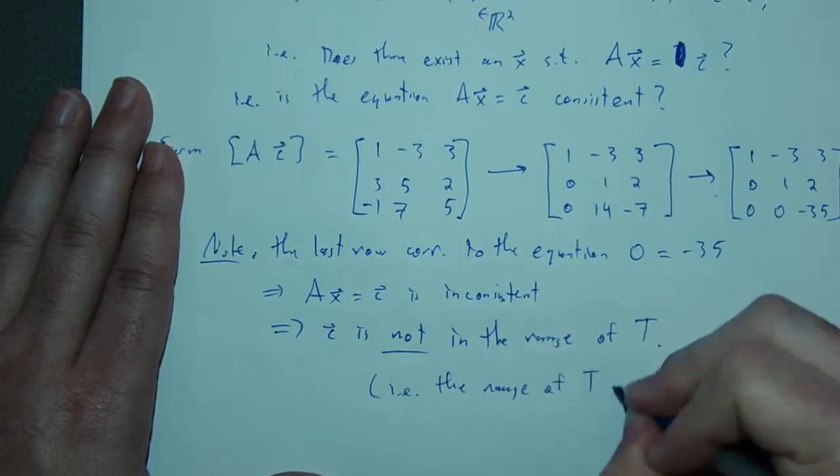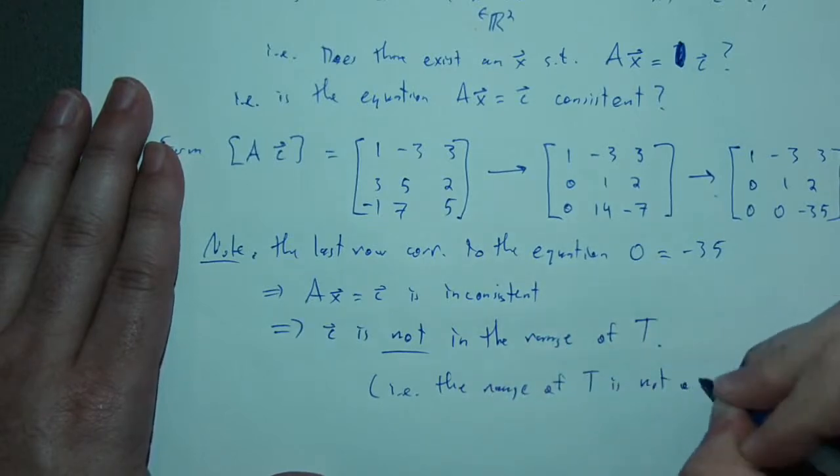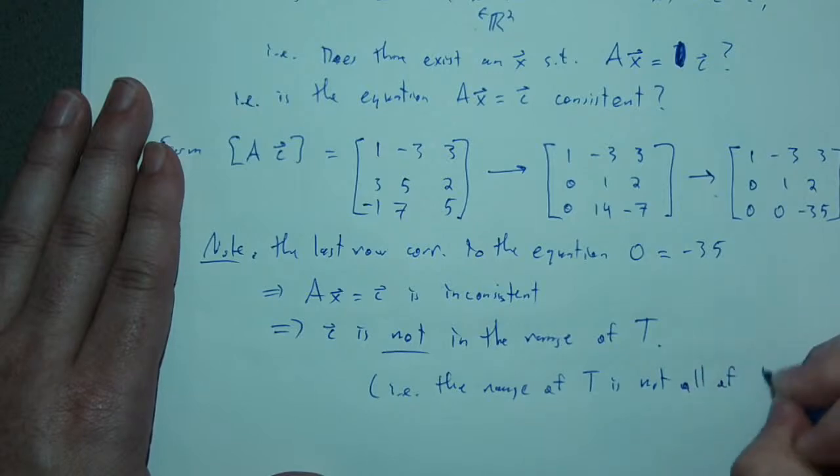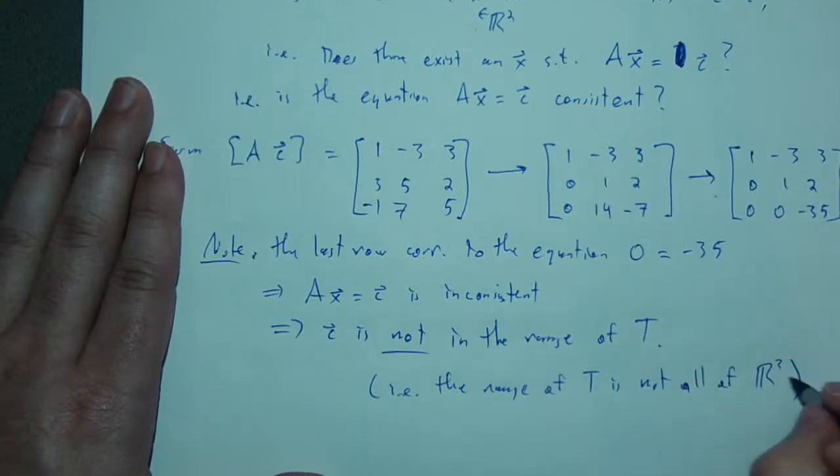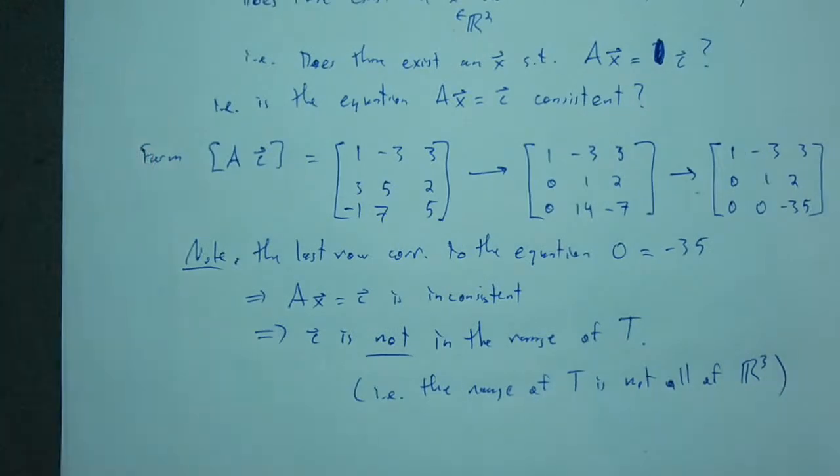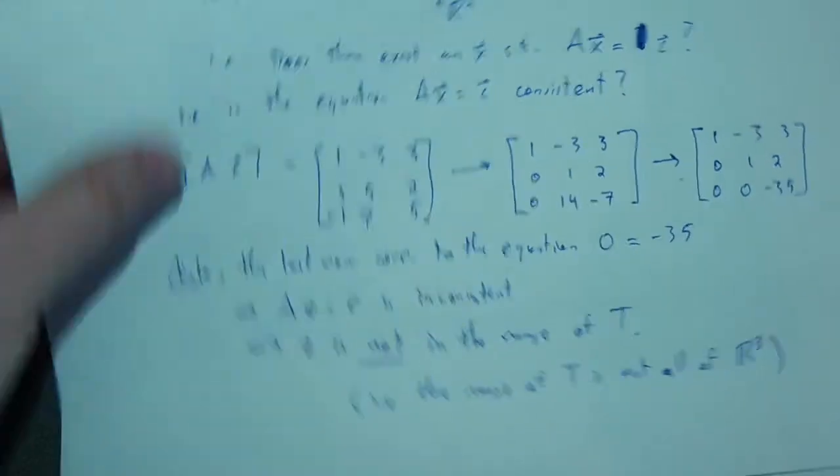So the codomain is R3, but the range of T is not all of R3. Now, just looking at it, maybe you're like, how would I even tell that's the case? So there are ways of thinking about this, but anyway, we'll discuss those a little bit later.